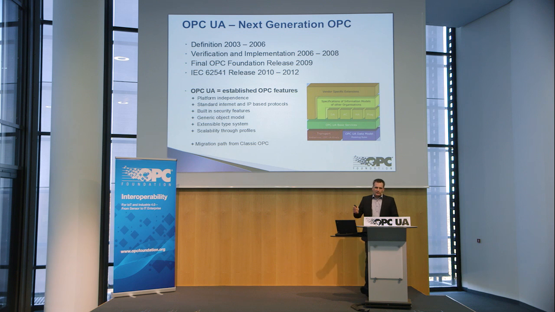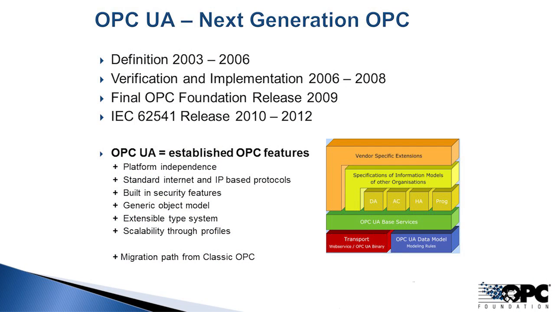One of the pictures you will see on Wikipedia and everywhere is the picture here with the basic building blocks. And I want to step through all of those to give you an overview of what they mean and where the technology comes from. We started in 2003, and until 2006 was a definition phase, so writing the specification.